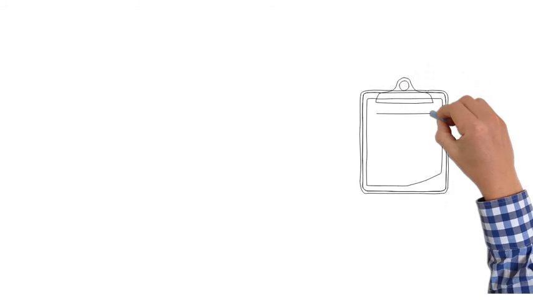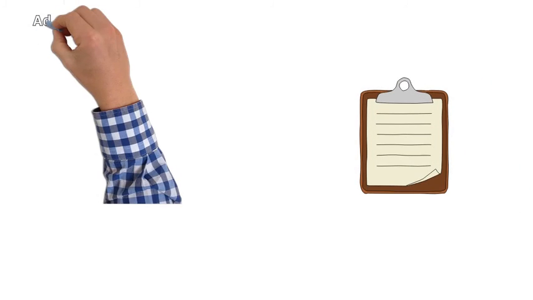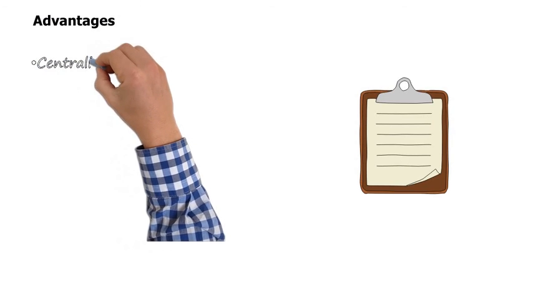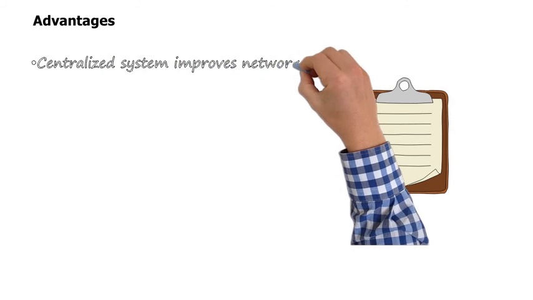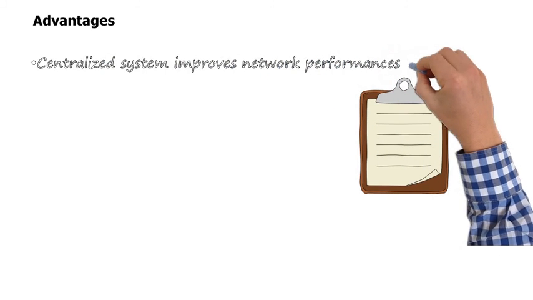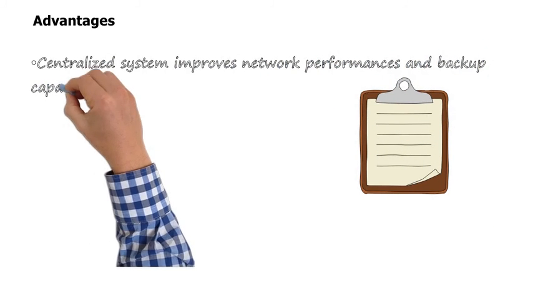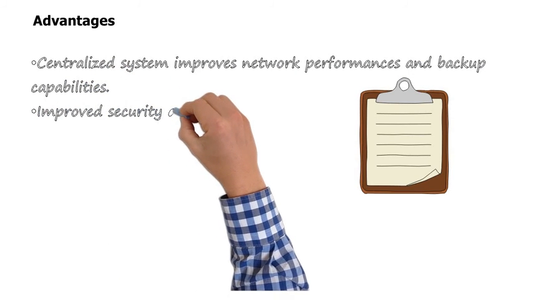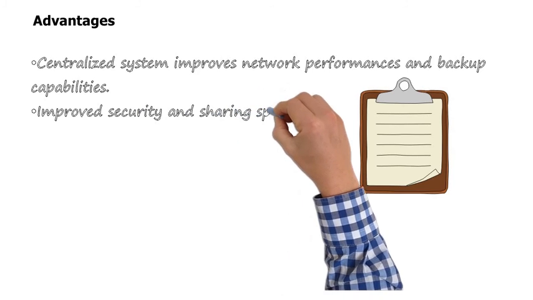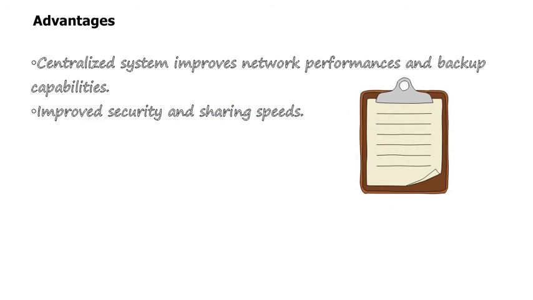Then we will consider the advantages and disadvantages of this kind of network. The centralized system improves network performance and backup capabilities, because we know the major drawback in the previous system was backup capabilities.